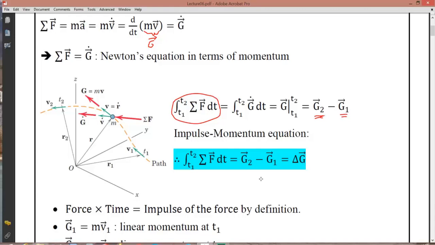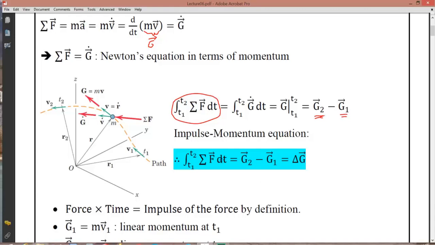Again, this is a vector equation. Remember that in the vector equations that we use for Newton's equation, we were able to get two scalar equations for the planar motion of a particle. For the three-dimensional motion of a particle, we would get three equations out of it, but in plane we got two equations.